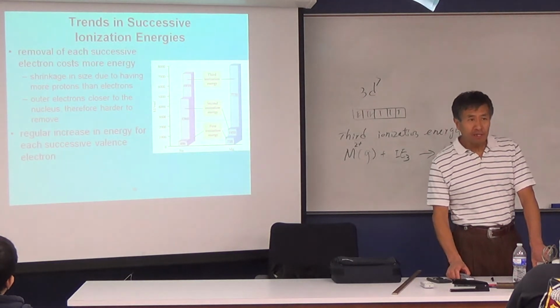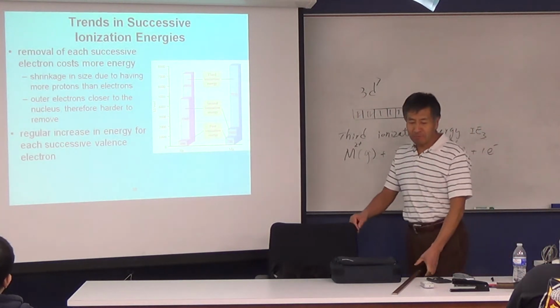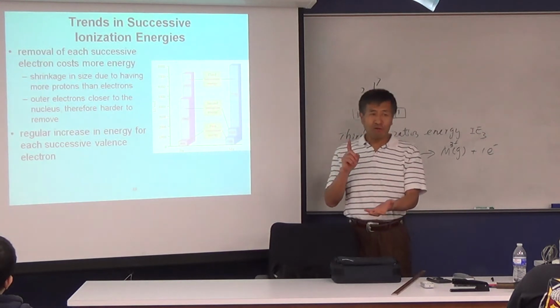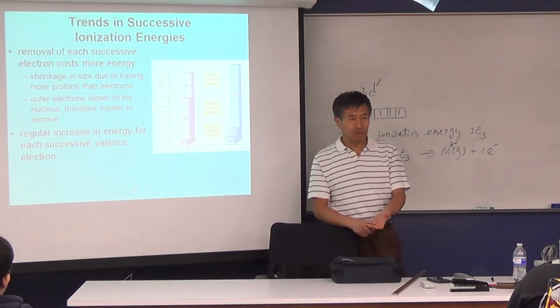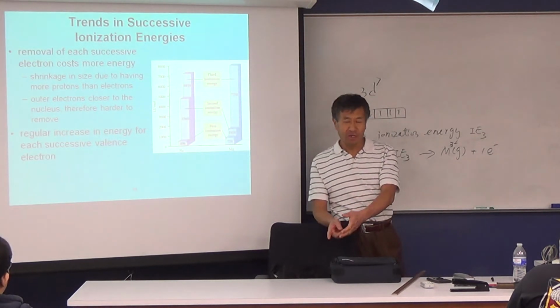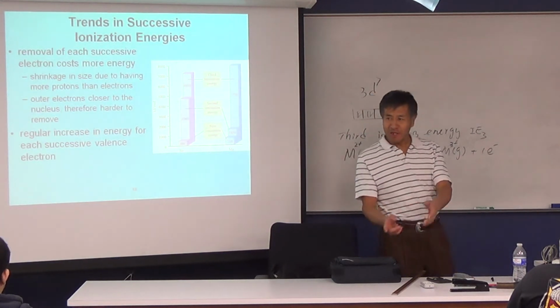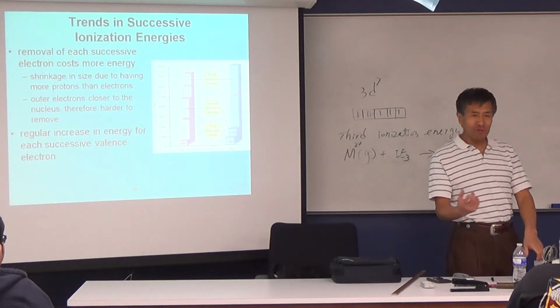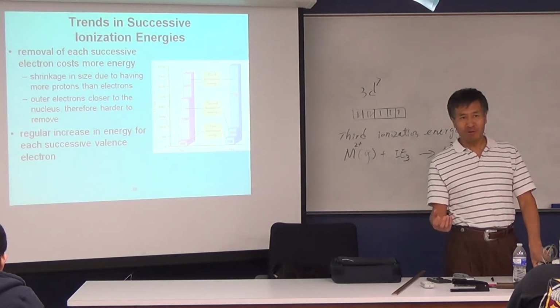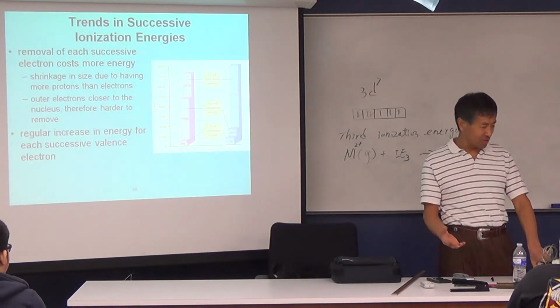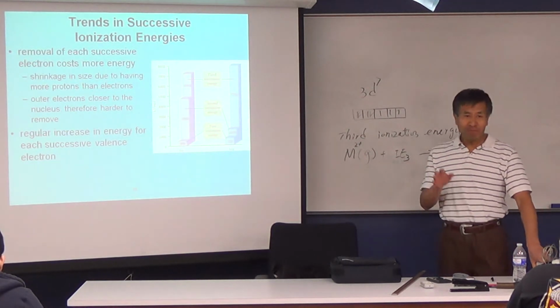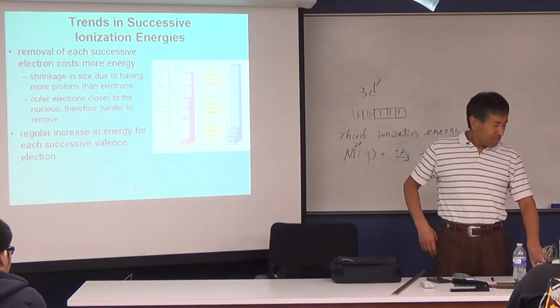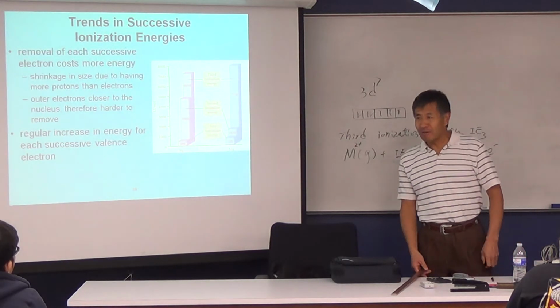Now, as you expected, removing the first electron is easier than removing the second electron. Removing the second one is easier than removing the third one. Removing electron number 3 is easier than removing number 4 if you have that many electrons. So it's getting more and more difficult. But you have to examine that carefully.